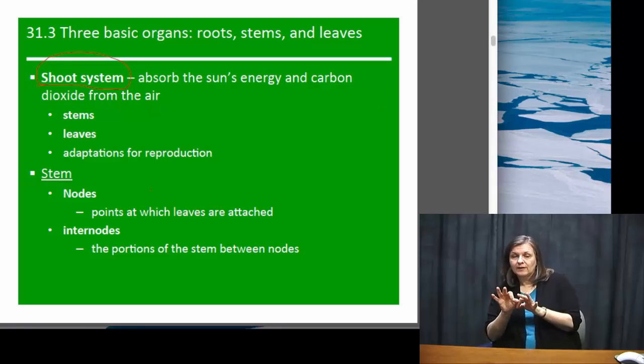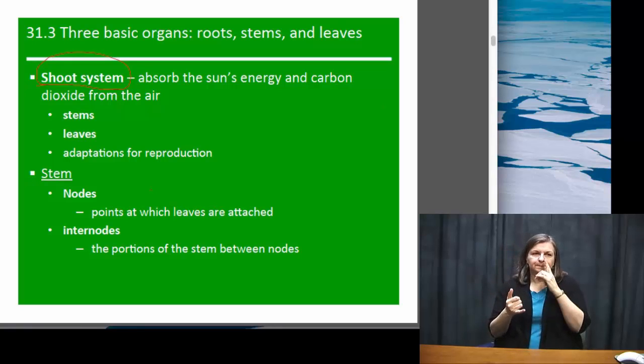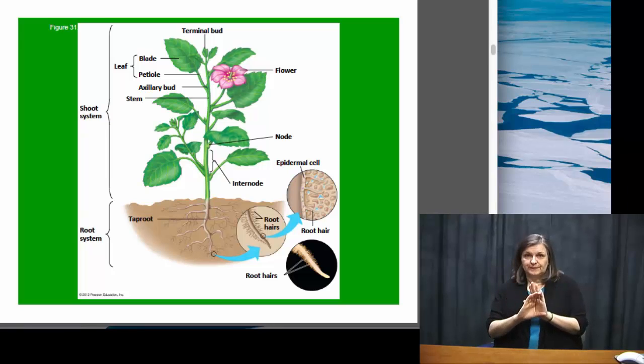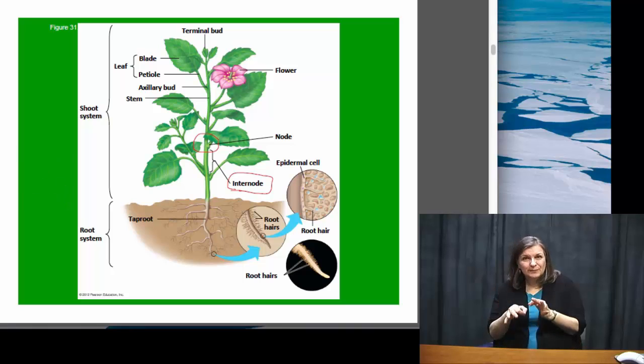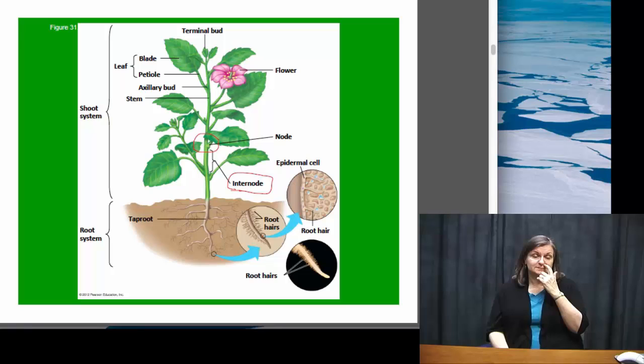But from a very simple standpoint, they look like this. The nodes are where the leaves are actually going to attach to the plant, and the internode is the space between two leaves attaching to the plant. Simple, right? That's really all there is to it.